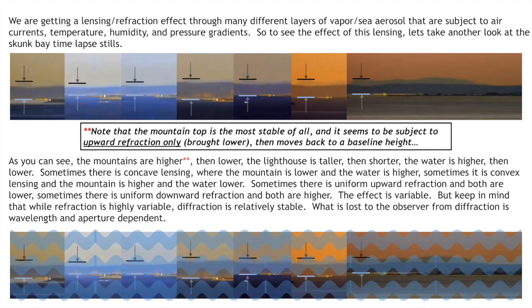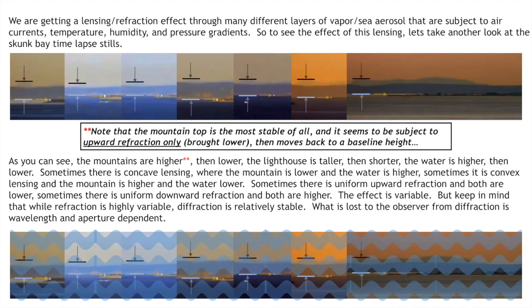So we are getting a lensing or refraction effect through many different layers of vapor or sea aerosol that are subject to air currents, temperature, humidity, and pressure gradients. So to see the effect of this lensing, let's take another look at the Skunk Bay time-lapse stills and just outline or mark out some of the landmarks.